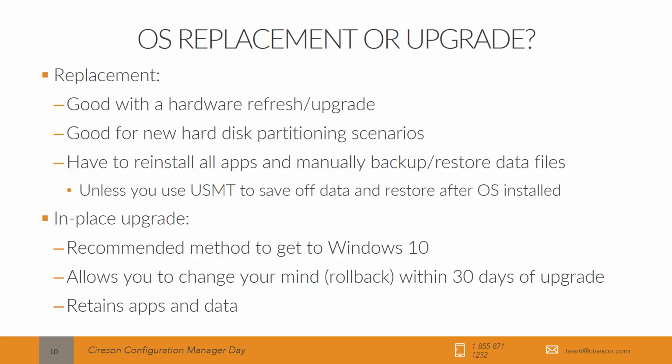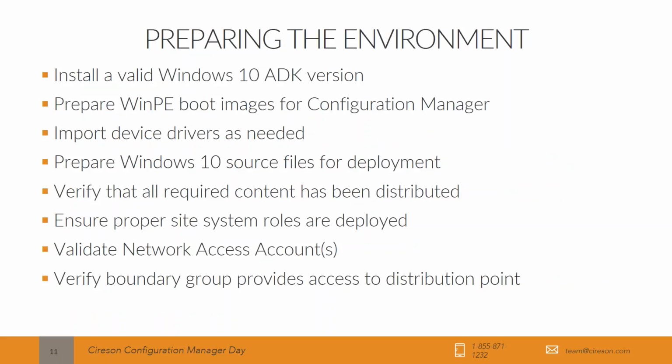You do have to remember that you have to manually copy all your data from your users and then restore them after your OS replacement scenario, and reinstall your apps because you're obviously wiping out the hard drive. You could use USMT to help save off the data and then just use your task sequence to specify what apps you want to have installed, or put them in your image, or use normal native Configuration Manager software distribution technologies to get those apps back out.